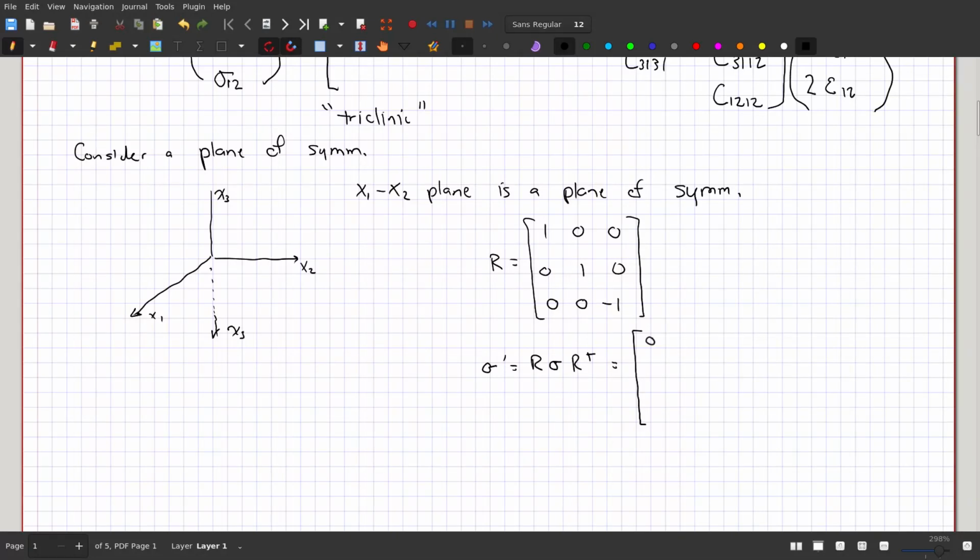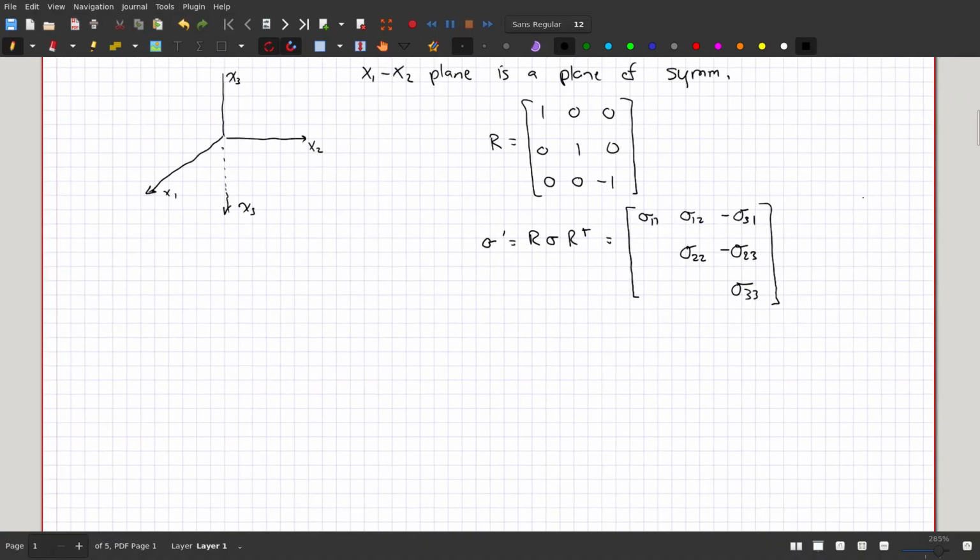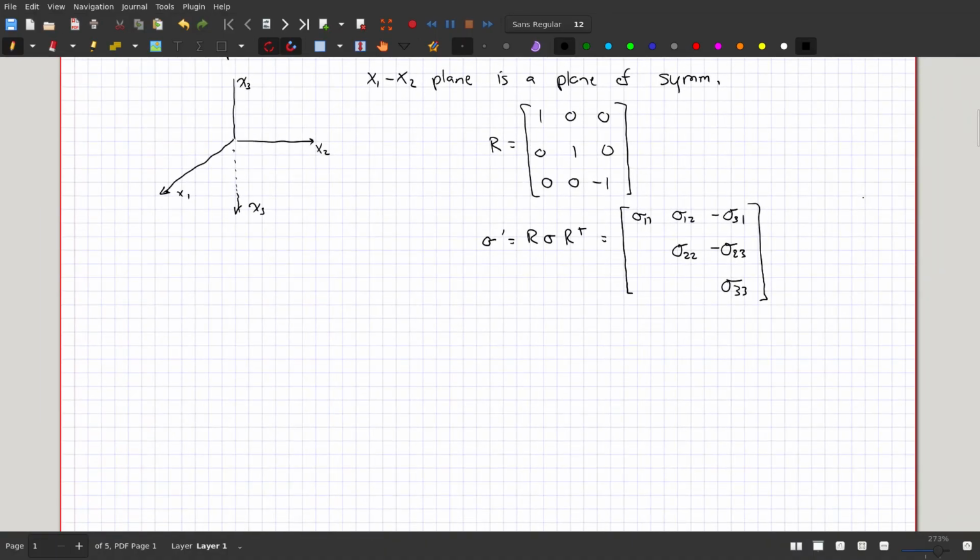then what we would get, sigma 1,1, sigma 1,2, minus sigma 3,1, sigma 2,2, minus sigma 2,3. And similarly, for the strain tensor, we could transform the strain tensor the same way.